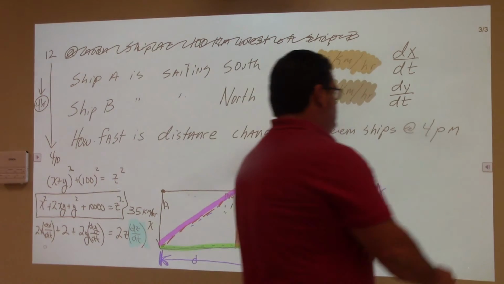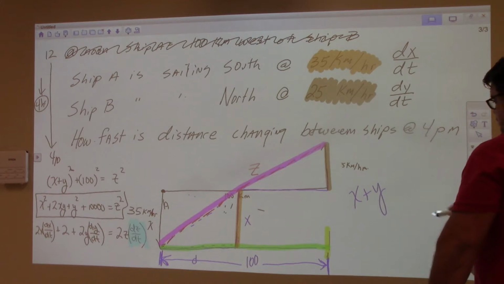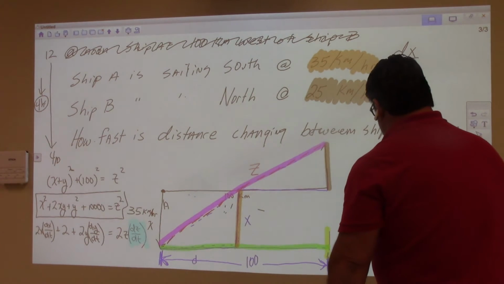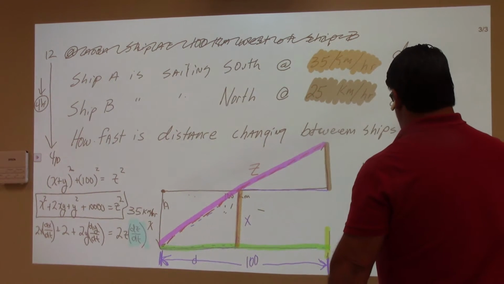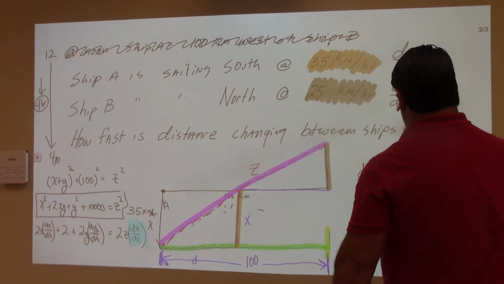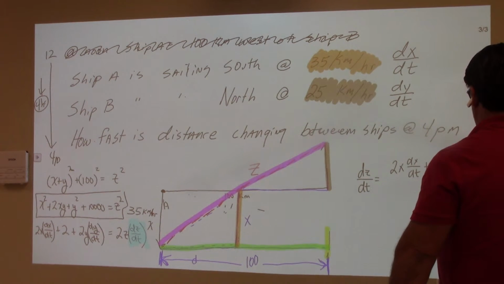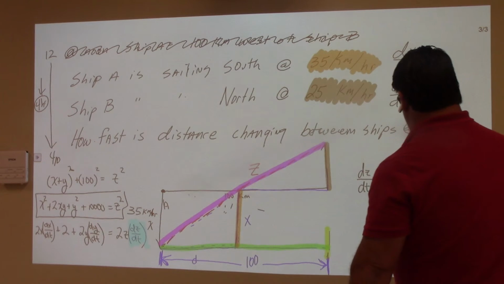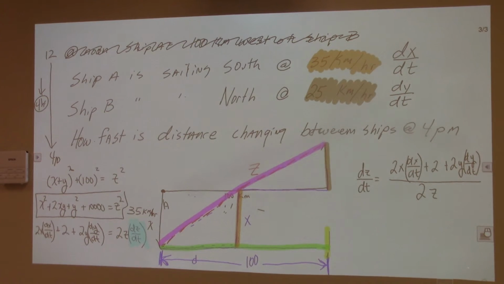So dz/dt is equal to 2x dx/dt plus 2 plus 2y dy/dt over what? 2z? Is that what y'all got?